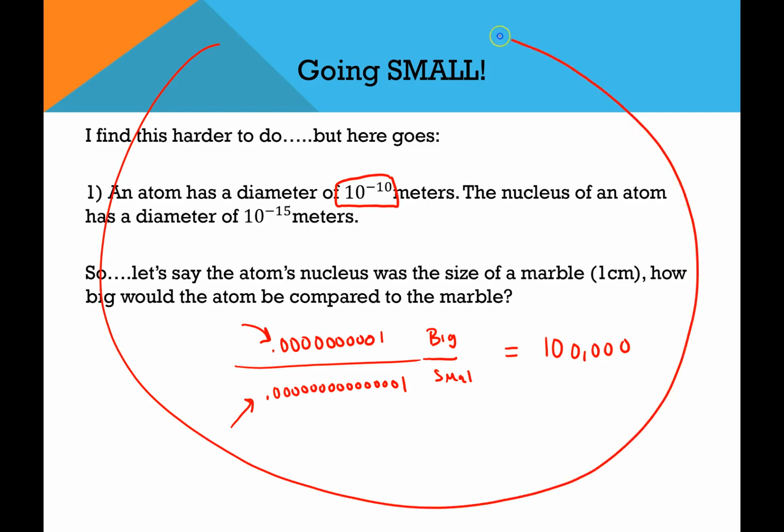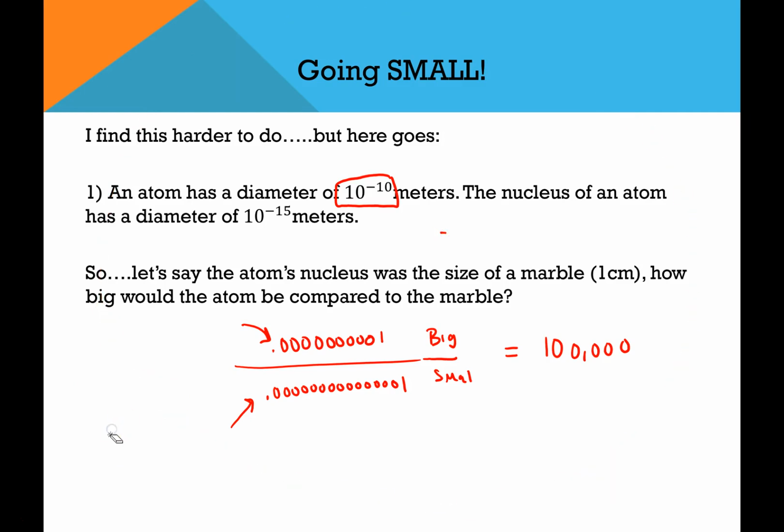Even this picture right here with a little tiny thing, that is so inaccurate. So let's try to conceptualize this. If we say that the atom's nucleus is the size of a marble, 1 centimeter, well, how big would the atom be? Well, that would be 100,000 centimeters. Okay, well, let's convert that and let's go back to our handy dandy chart.